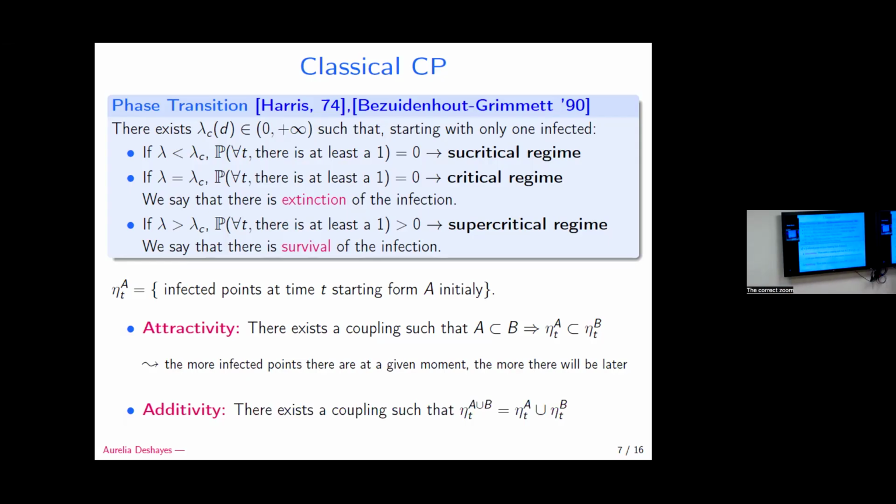So additivity is this: if you start with A union B, then it is the same as the union of the two processes, defined with the maximum operator between the 0, 1 configurations. So additivity is stronger than attractivity.